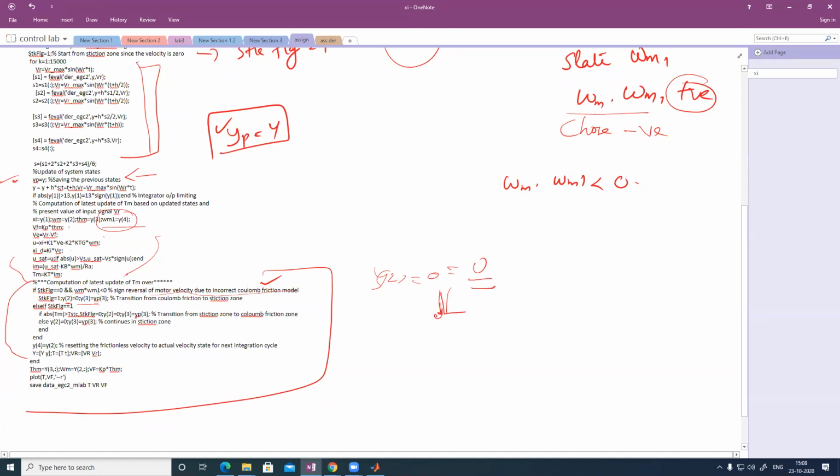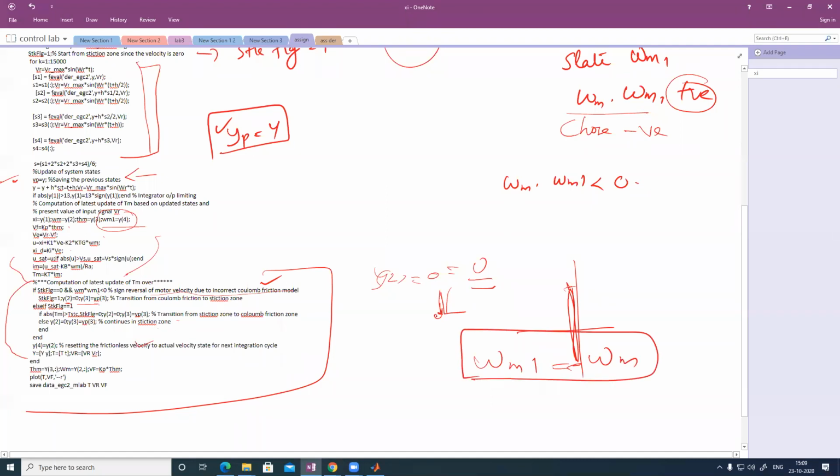You are modeling the transition here. In the other case, it is in this stiction zone only, not coming out of the zone. So you are handling that case also. And you are modifying this y of 4 equal to y of 2. That means you are making omega m1 equal to omega m.